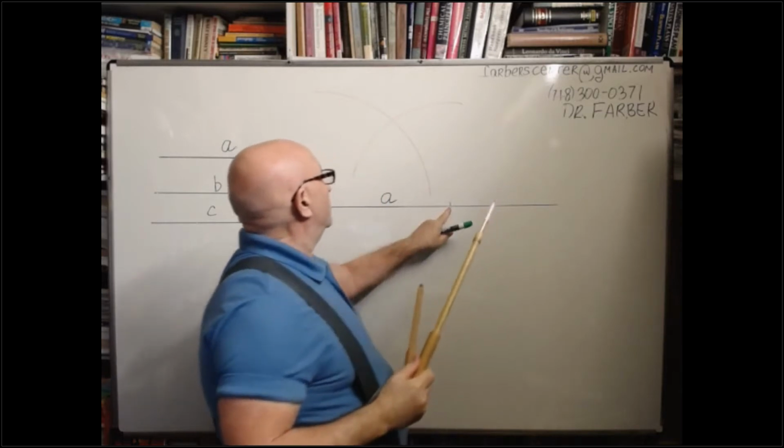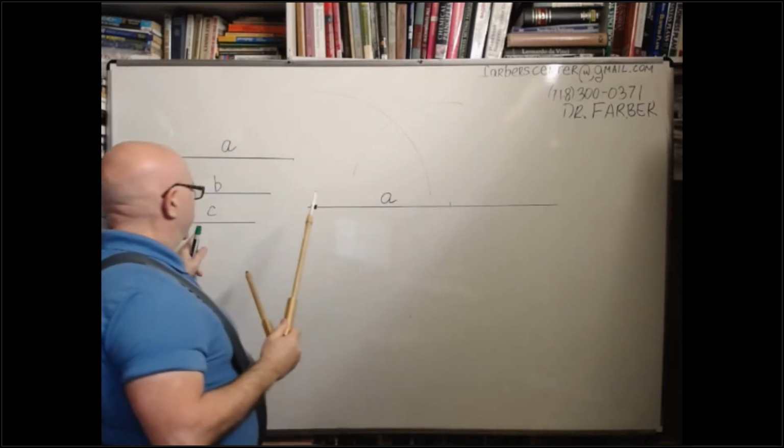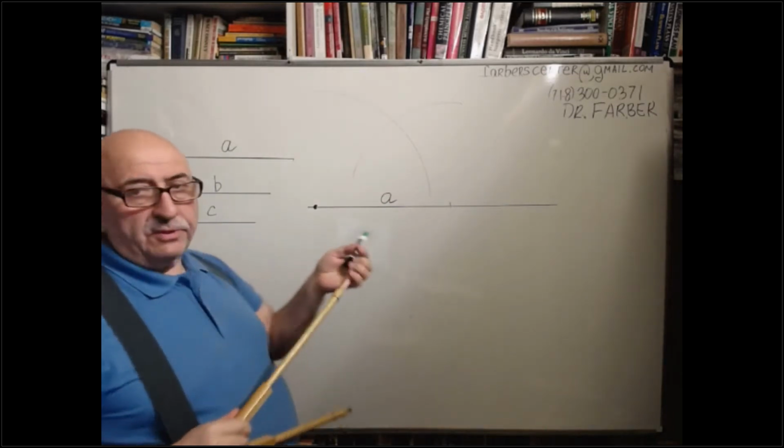The distance from this point to any point on this arc equals C. So far so good. Any questions?